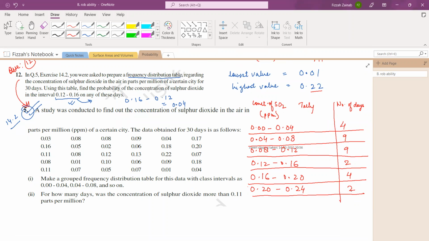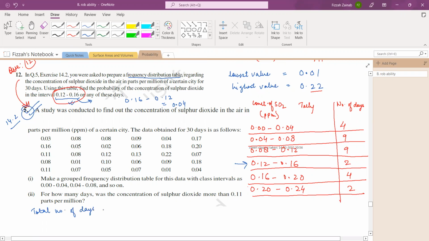Next, you have to find the probability of the concentration of SO2 in the interval 0.12 to 0.16, right? So you have to see this interval. You will write the total number of days for which the data is collected.